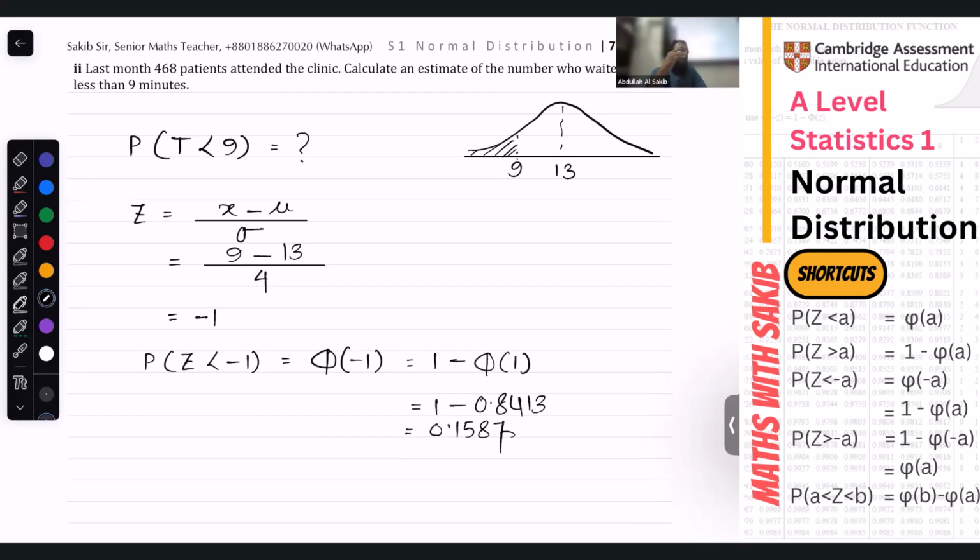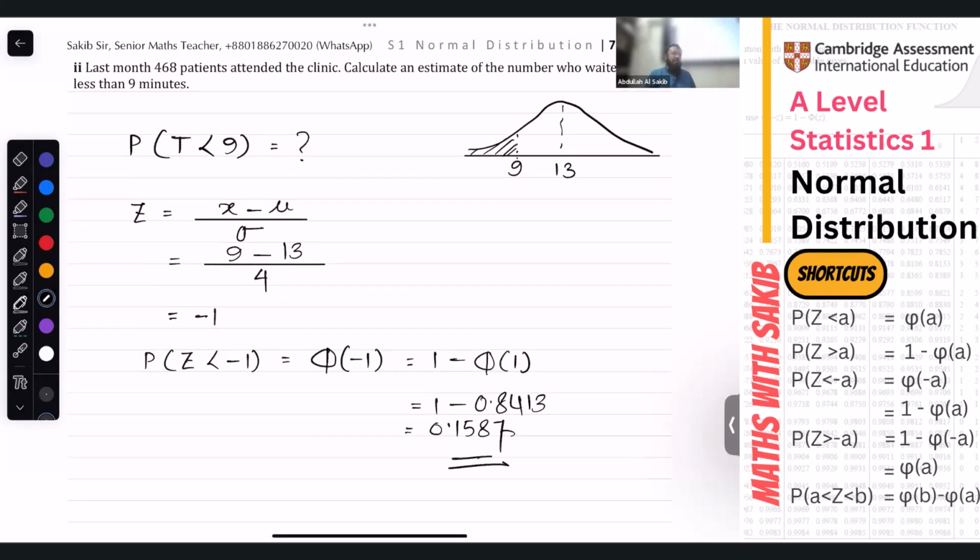Suppose in a class of 200 students, 50% have admits. How many people have admits? 50% of 200 people. That means the percentage is taken of the total people. Clear? Similarly, the people who waited less than 9 minutes is 15.87%. How many patients were there? 468. So just multiply 468 with this percentage.